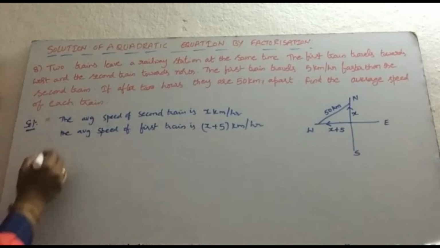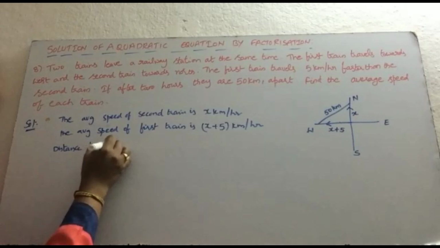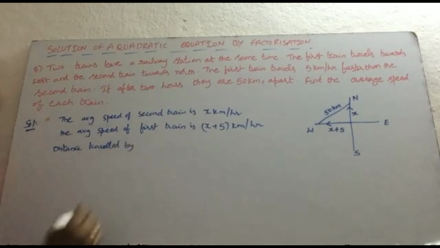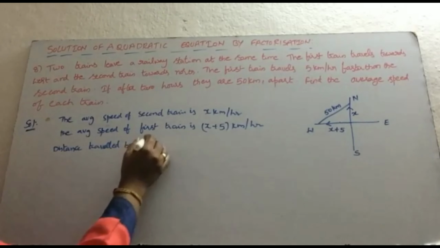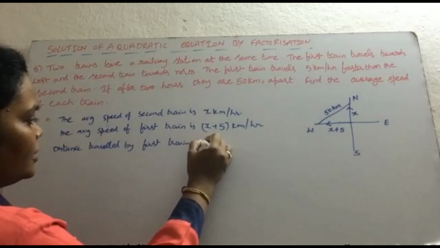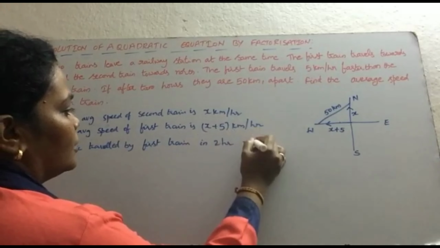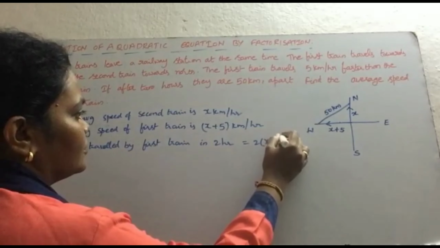Then distance traveled by first train in 2 hours. Distance traveled by first train in 2 hours is equal to 2 into x plus 5.